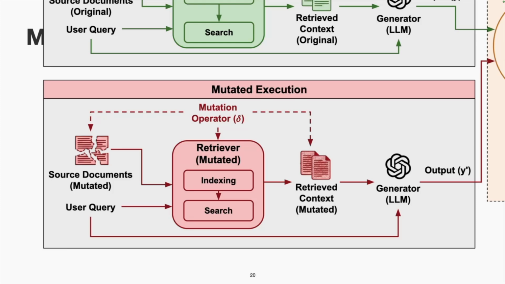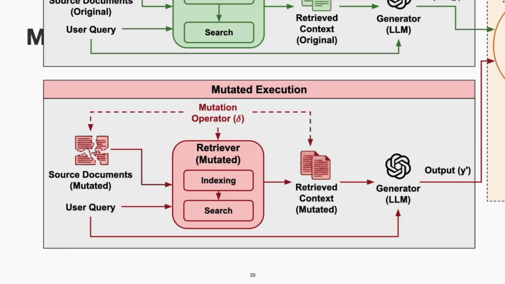There will be indexing, search, and comparison of the similarity in the retriever, and we will get the retrieved context. It can change, or sometimes it does not change, but we don't care. We call this the mutated context. Then we put it into the same generator, the same large language model, and we get the final output, which is y prime.